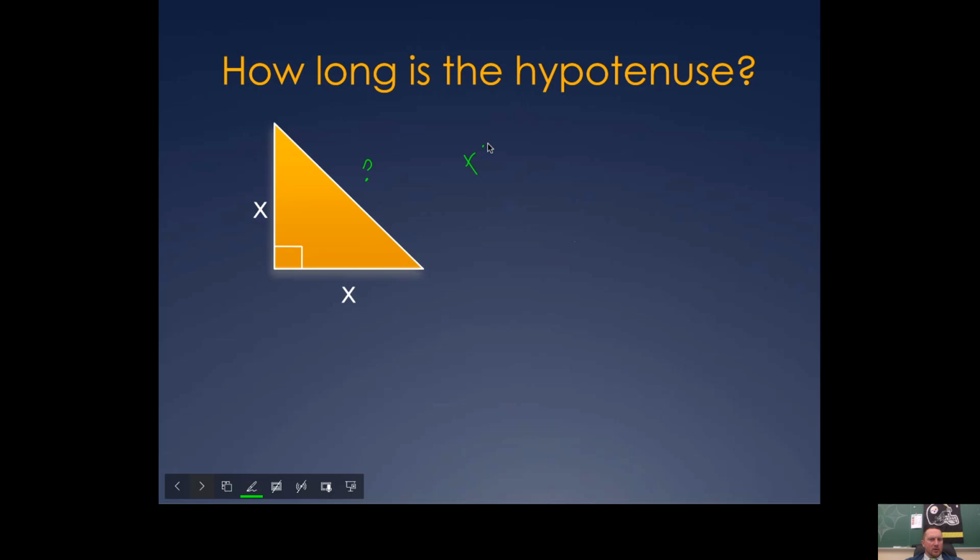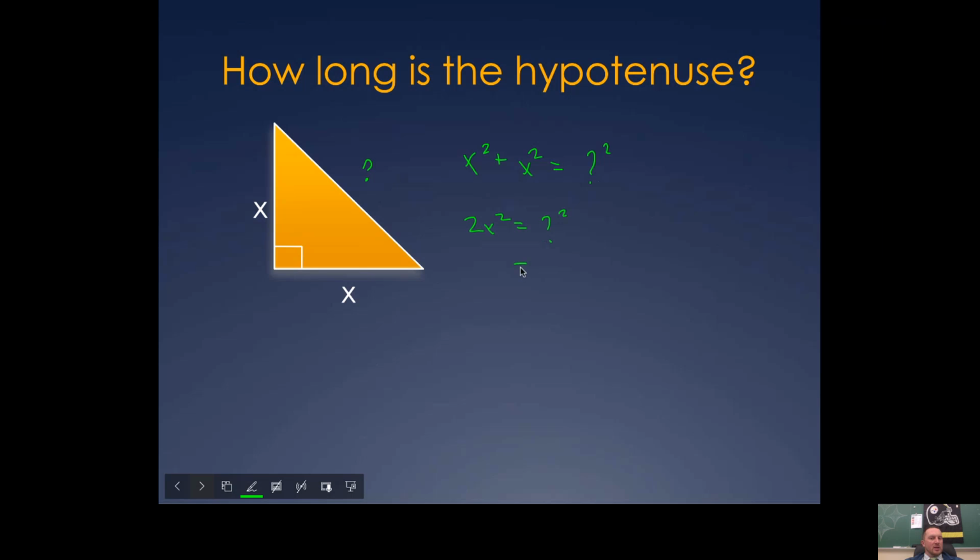Well, you can figure it out. We know the Pythagorean theorem, x squared plus x squared equals whatever that unknown is squared. Okay, well, right here you have two x squareds, and that equals whatever your unknown is squared.